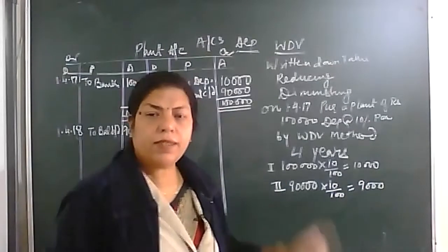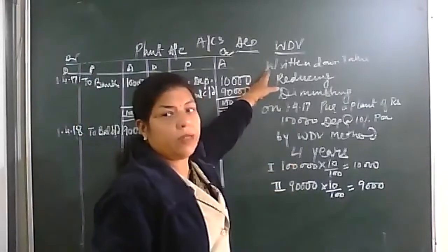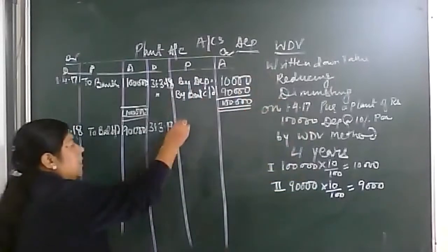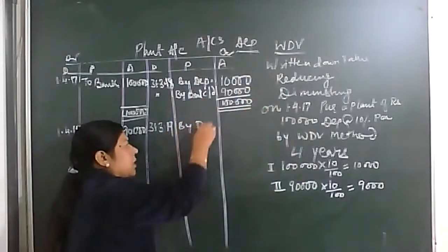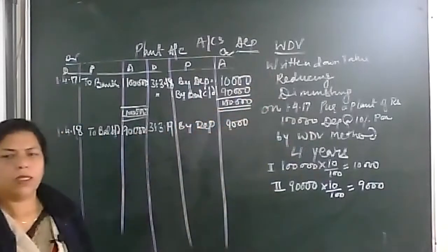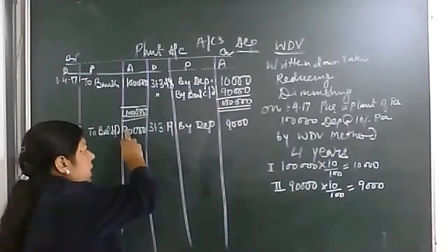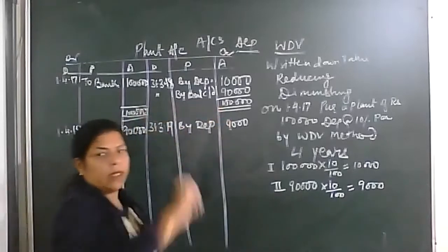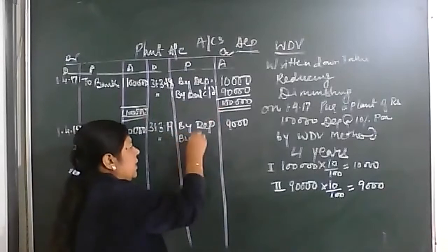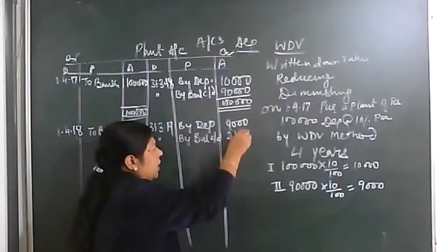See now, the depreciation is reducing, written down, diminishing. Now by depreciation account 9,000. What will be the balance? 90,000 minus 9,000, balance CD is 81,000.